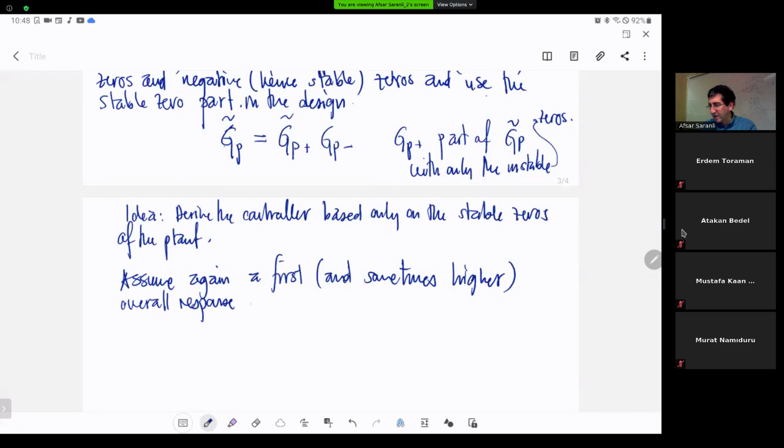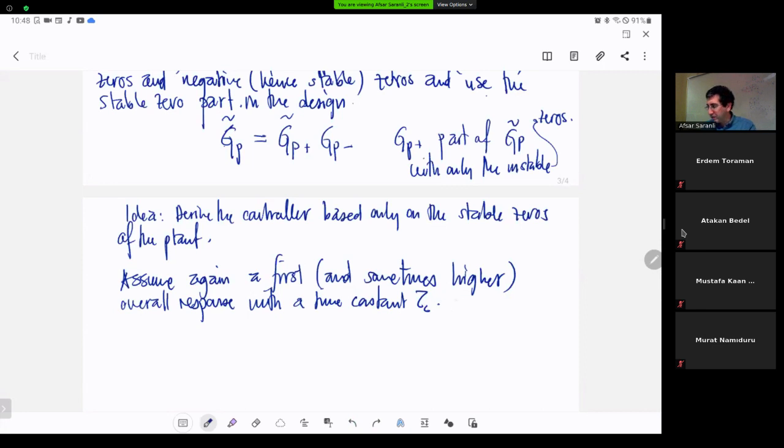For the time being, we assume the overall response has a time constant tau c, which is a design parameter.